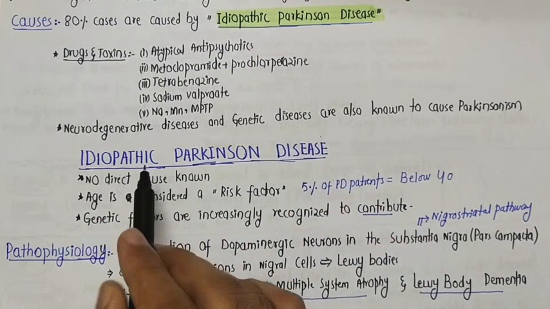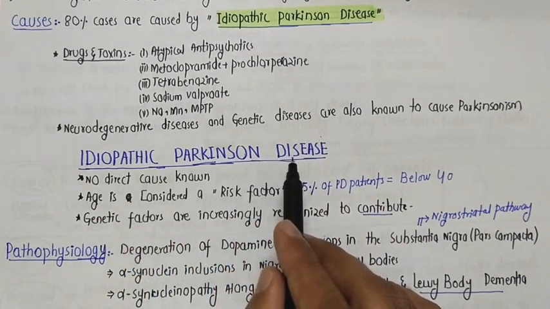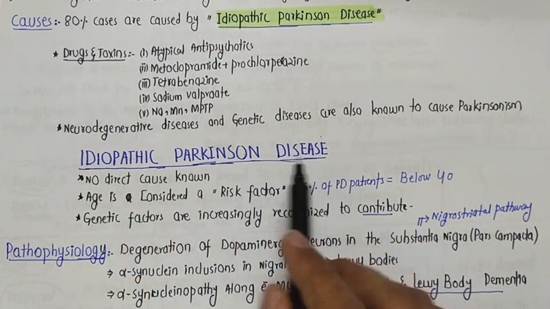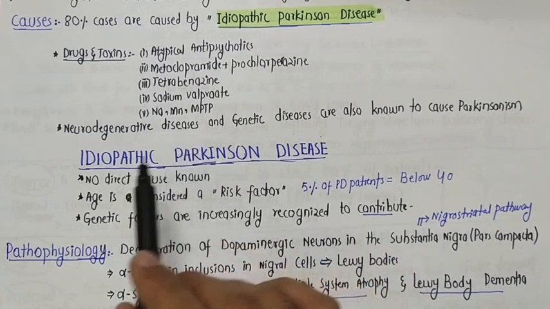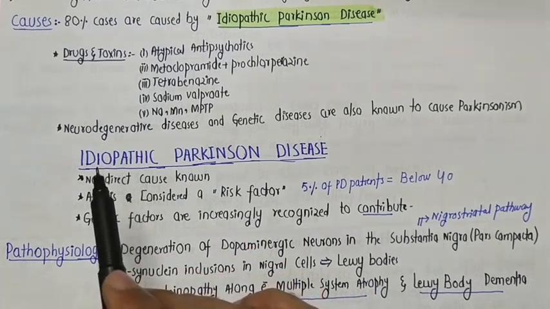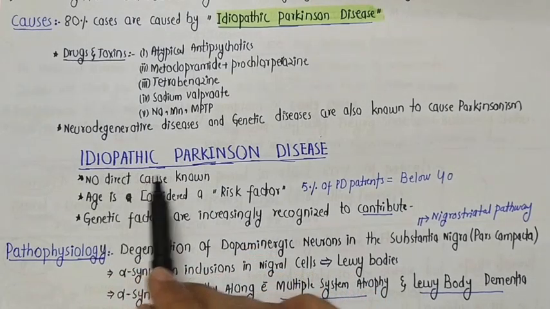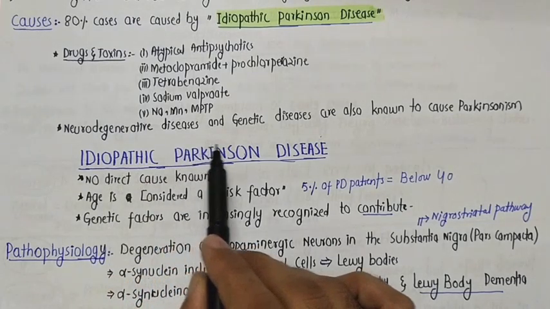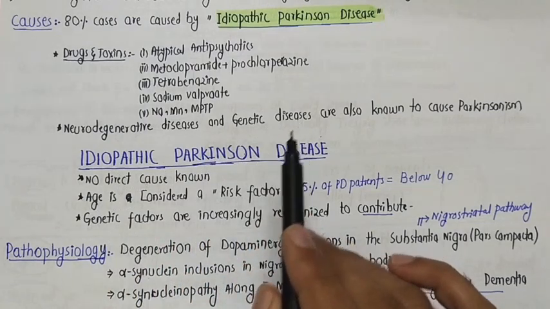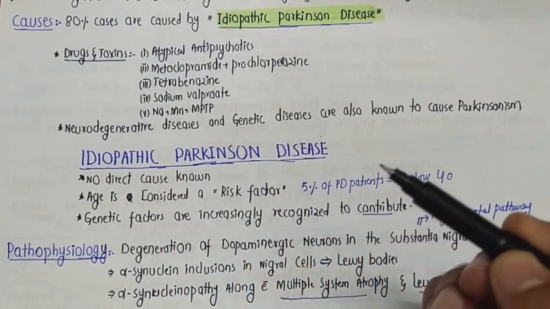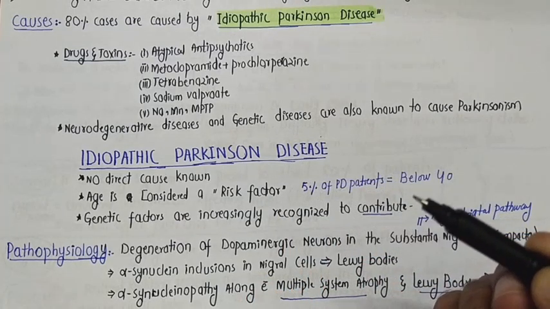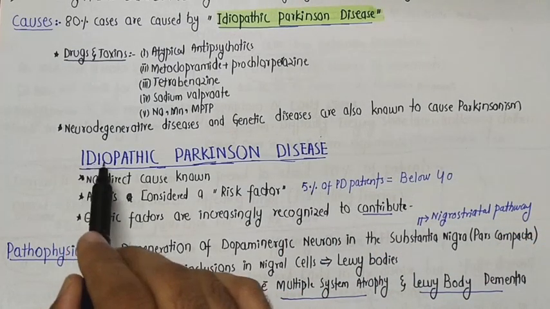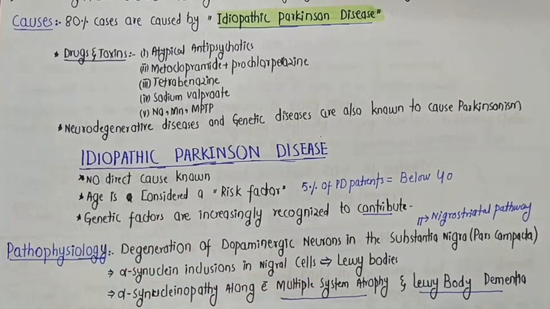The idiopathic Parkinson disease is our topic today. The first question that arises is, why is it called idiopathic? Because there is no direct cause known. There are risk factors which contribute to the development of this disease, but there is no direct cause known. That's why it is called idiopathic.